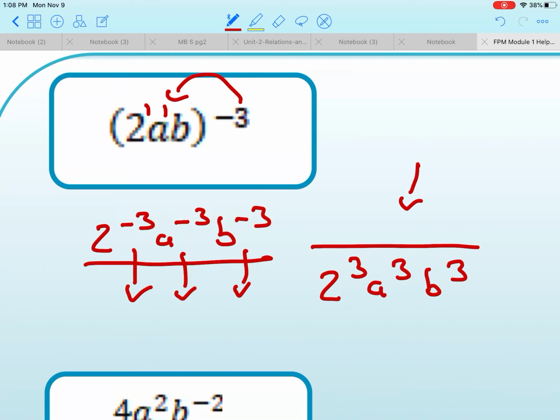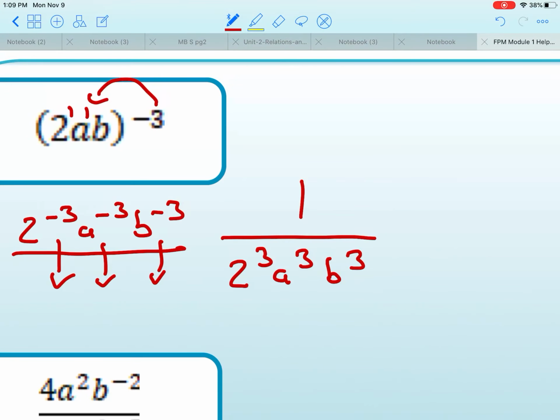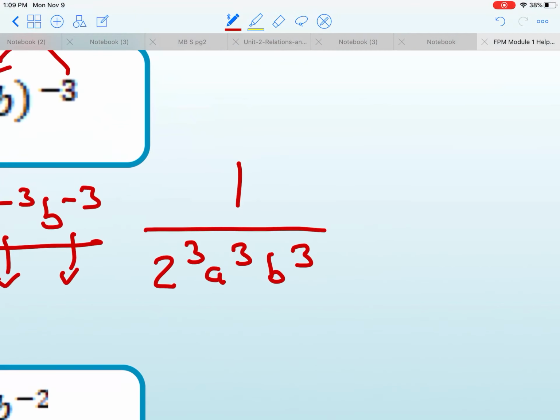But there's nothing on top. So if that's ever the case, you just write a 1. It's not 0. You're going to write a 1 there, and it's going to be 1 over all of those things. And then now I can clean it up. So I get 1, and this is not 6. This is 2 times 2 times 2, so it's 8, a3, b3, and I'm finished.